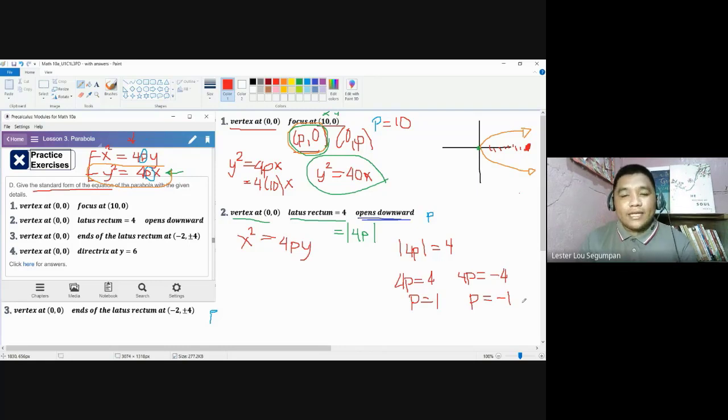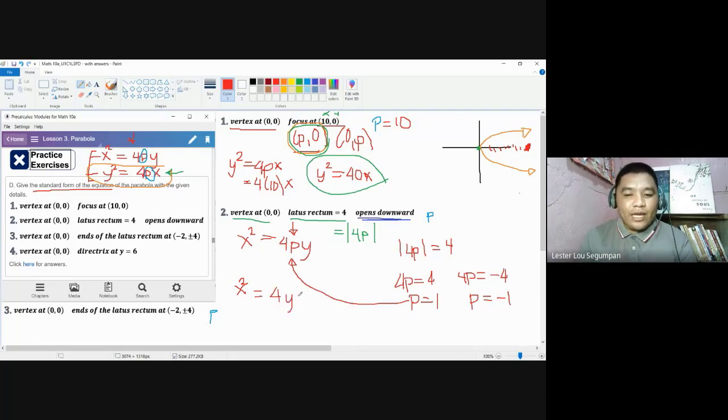However, we need to decide which value should be substituted here so that the form of the equation will become the standard form. If you substitute the value for p here, you will have the equation x squared is equal to 4 times 1, which is 4, and then y.